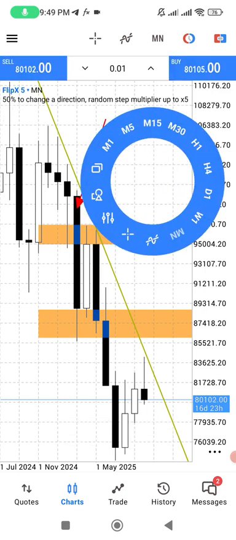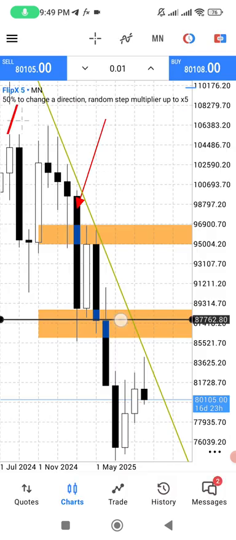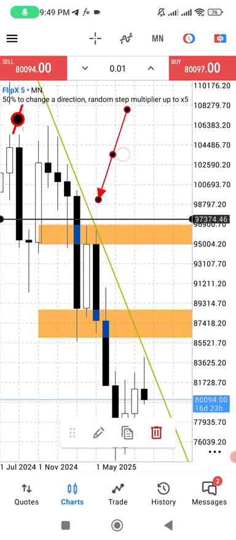But when you pull out a horizontal line and you try to measure the angle, go anti-clockwise like this. If you measure this angle, you see that this angle is more than 90 degrees. So the gradient of this angle is going to be negative. If you understand what I mean, it's going to be negative.